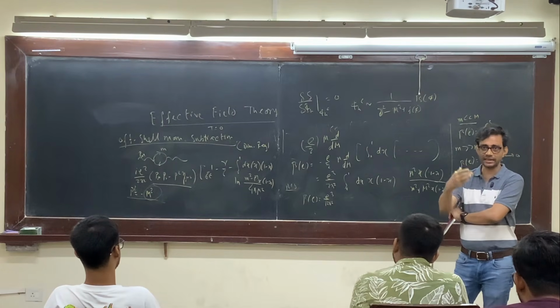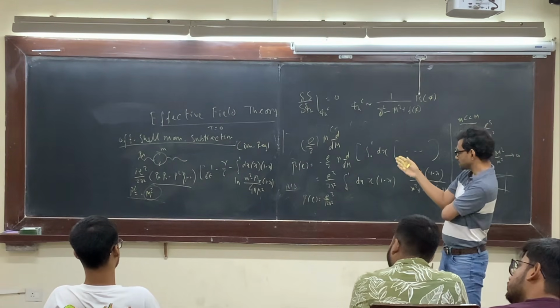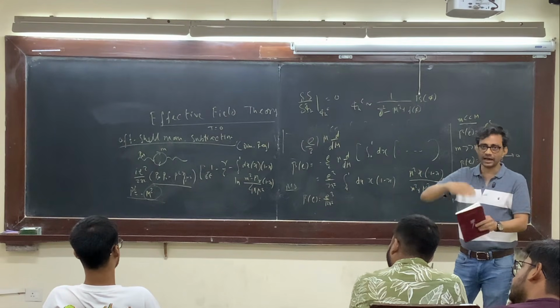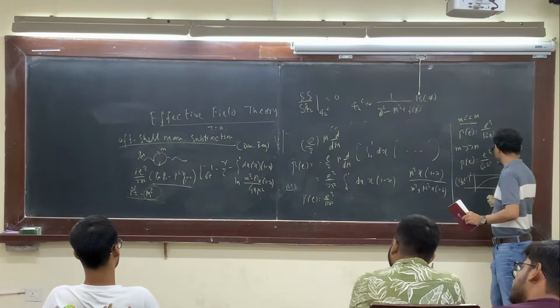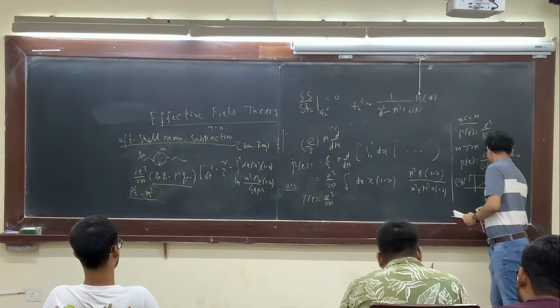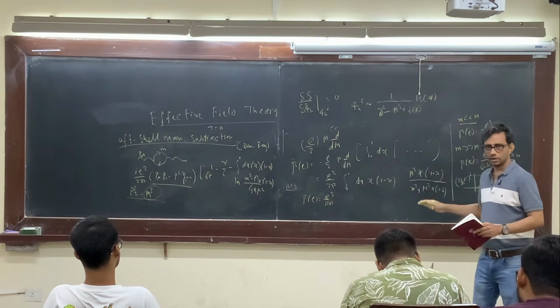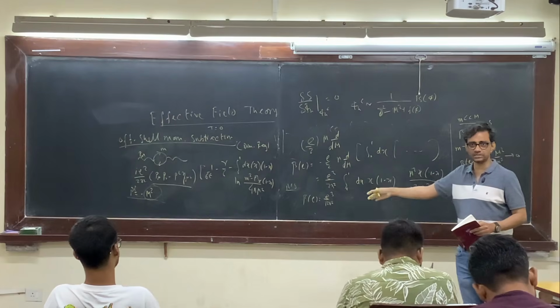It's immune to that hierarchy between capital M and small m. So off-shell subtraction is a scheme which actually has that hierarchical dependence and gives you the notion of decoupling, because you can see how it behaves when m by M is larger or smaller than something.